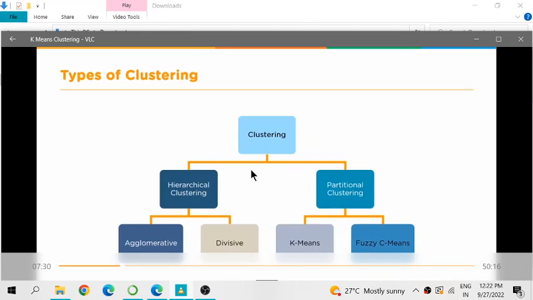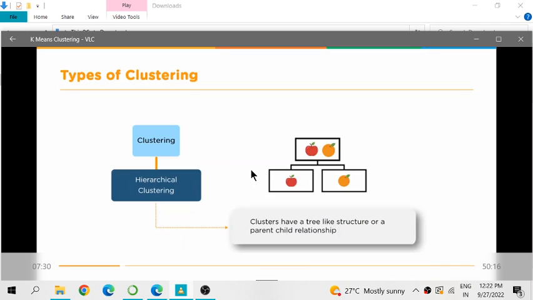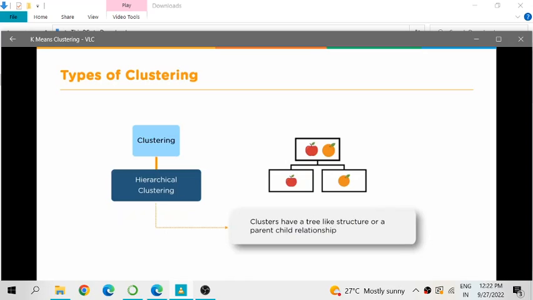And hierarchical clustering is about how it is done, which is what makes it different from the other part. In this method of clustering, in this way of machine learning, clusters have a tree-like structure or a parent-child relationship.